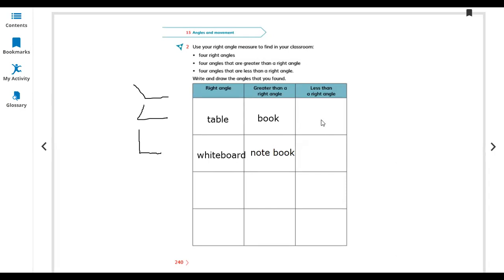Anything in the class, you can write it. If they're less than a right angle, they are acute angles. If more than a right angle, it's an obtuse angle.